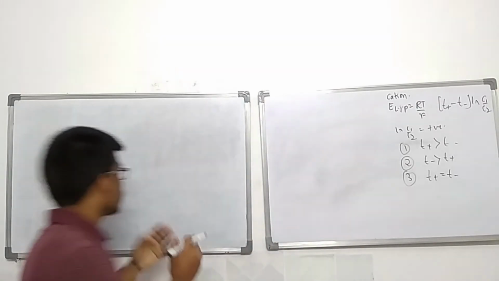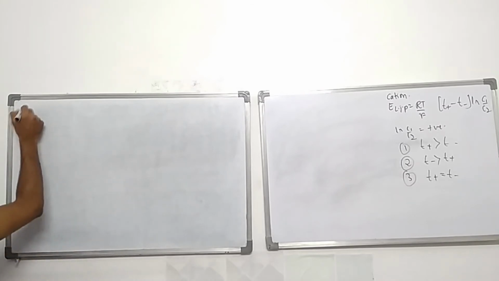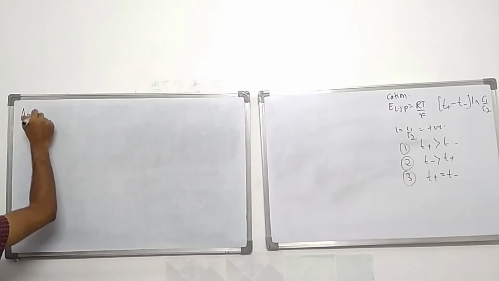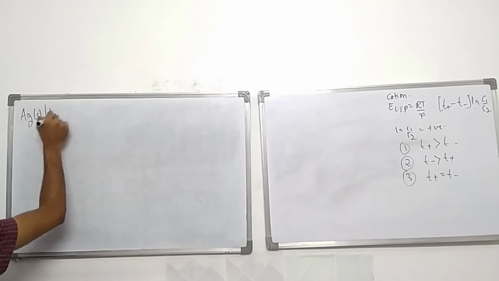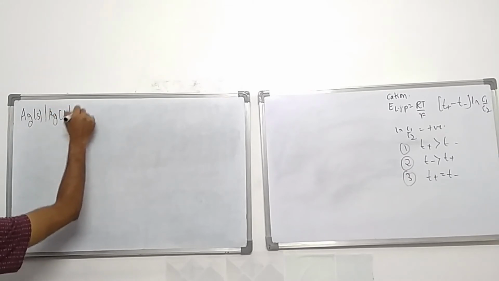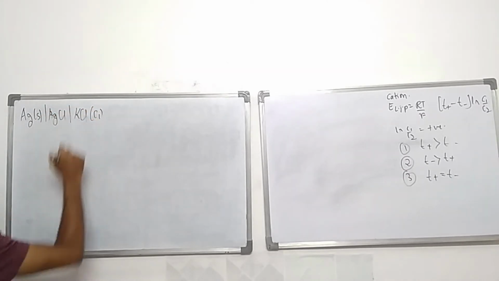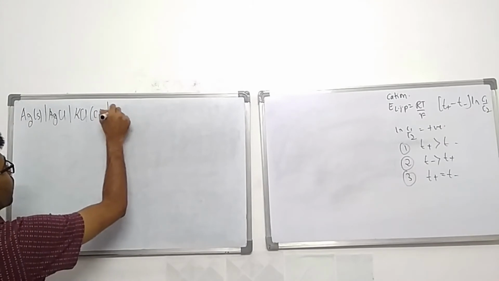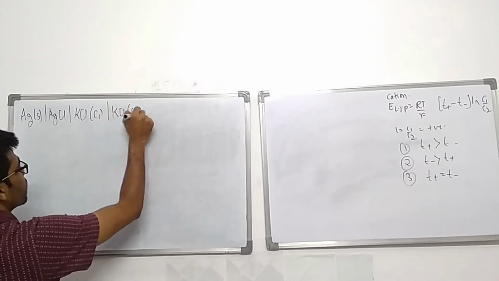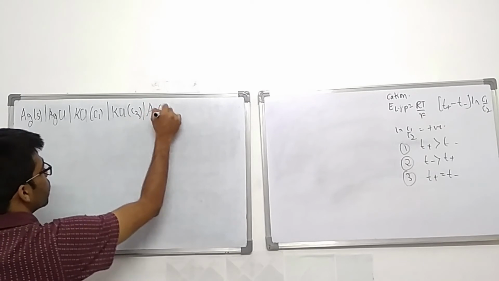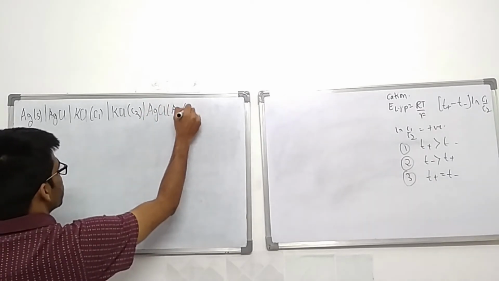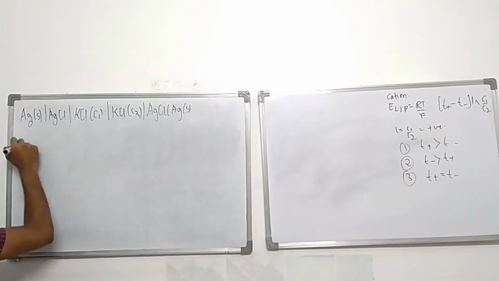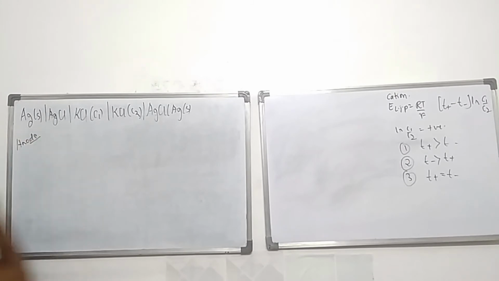Okay. Now for the anion, let's take an example. I have Ag solid, AgCl, and I have KCl at concentration C1 with KCl at concentration C2, and the rest of the things remain the same. Now for the anode, in this case, what will be the reaction?